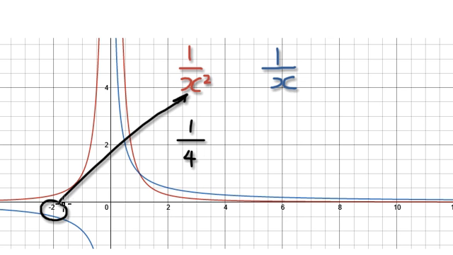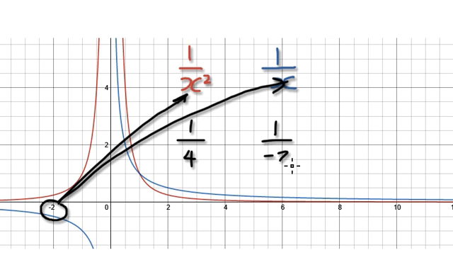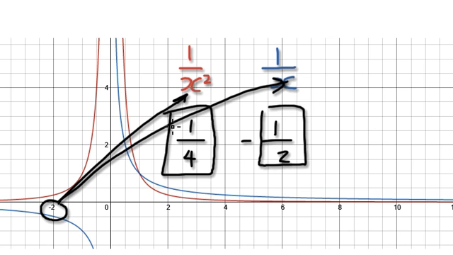If you put negative 2 into here, it will be 1 over negative 2, which is minus a half. This is a quarter. You see, because of this squared here, it cancels out the negative. So the answer will always be positive.